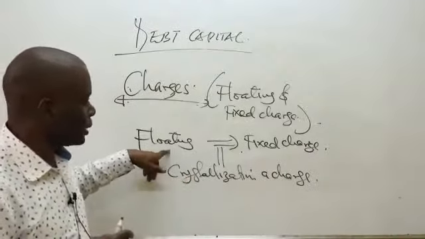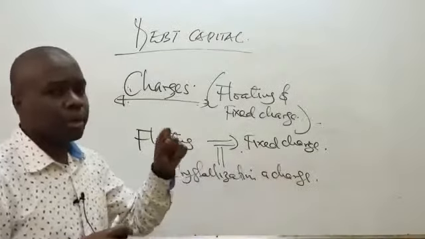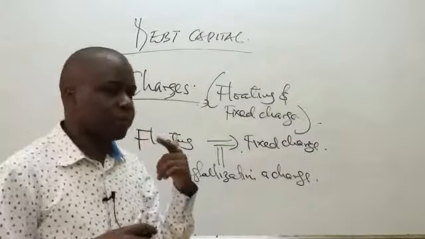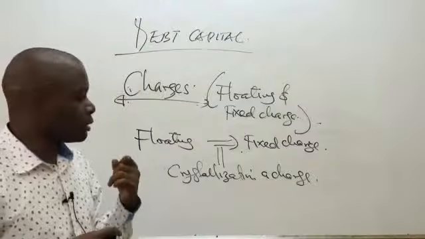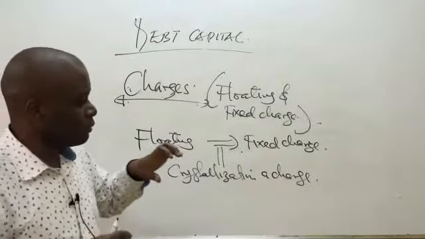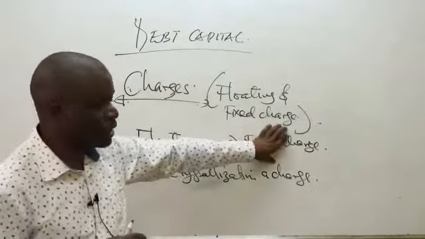It will convert itself and become what is known as a fixed charge, because it will now be on a specific asset. This means that the occurrence of an event will make the lender come specifically for the asset. So it will no longer be a floating charge, it will now be a fixed charge.